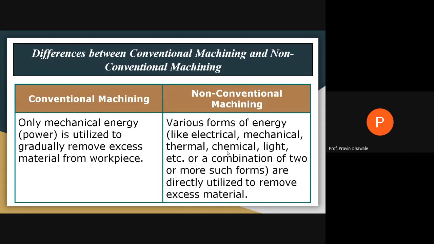So this is the first differentiating point between conventional and non-conventional machining. Means it is based on the form of energy which is utilized to remove the material from the workpiece. Write this differentiating point in short within a minute.